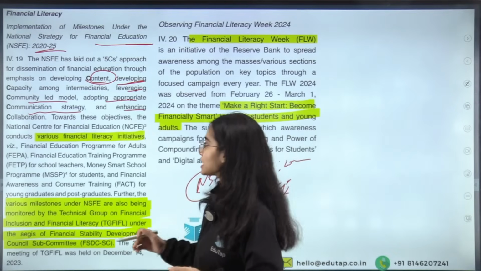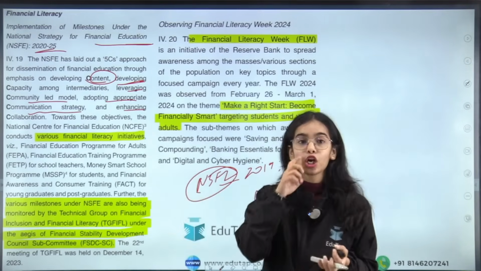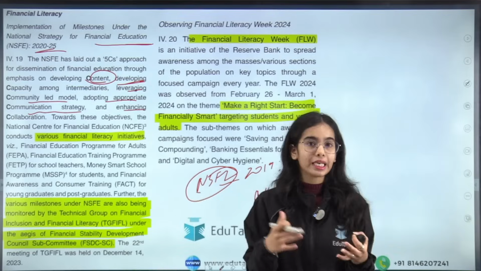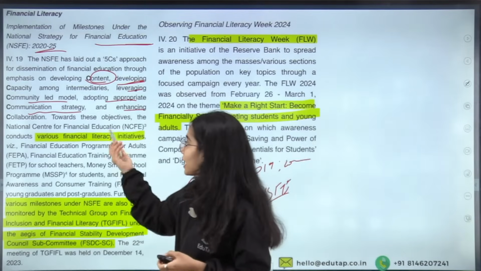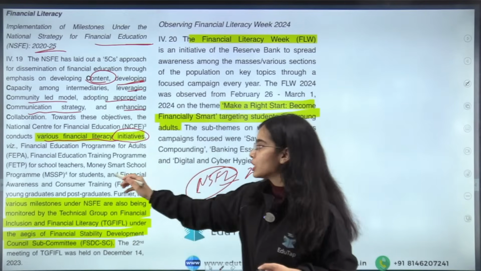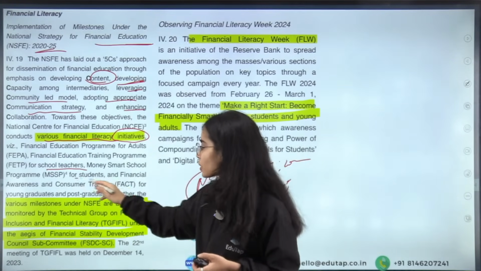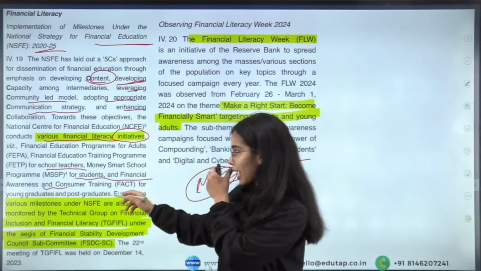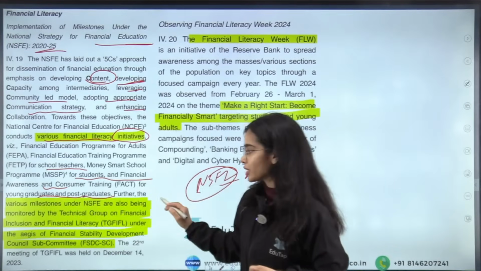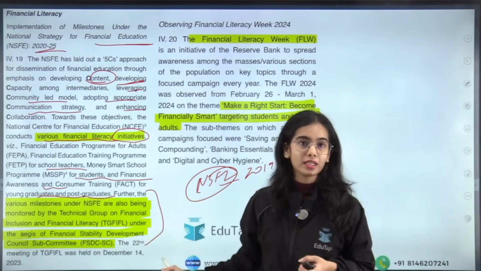These are taken in the NSFE to further financial inclusion in the country. Under the NSFE, various financial literacy initiatives were taken for school teachers and students, financial awareness campaigns were conducted, and training campaigns were held for graduates and postgraduates.